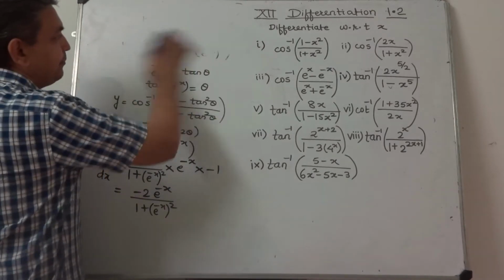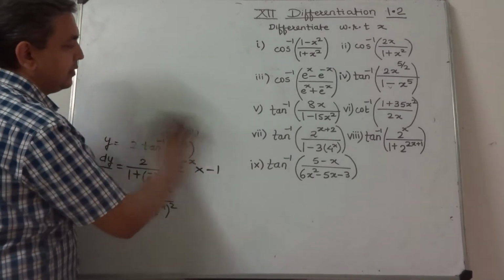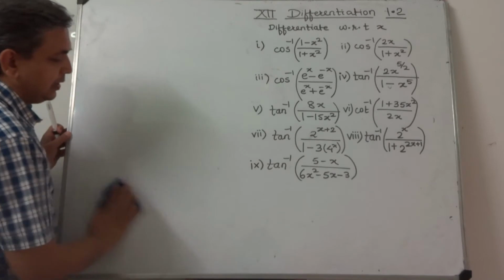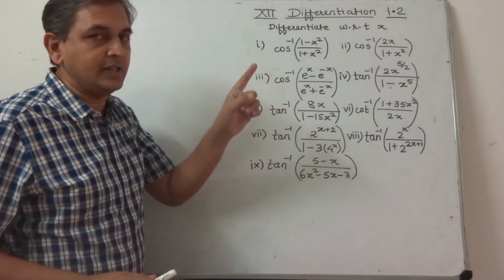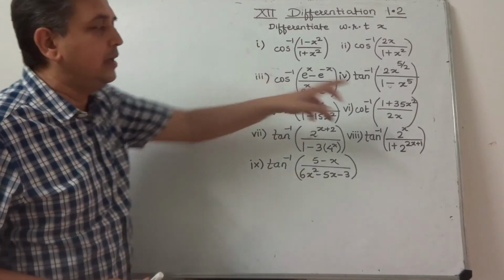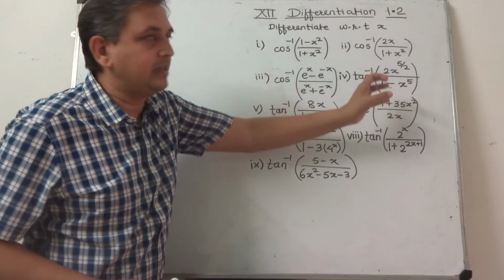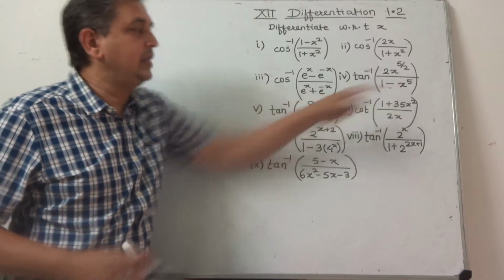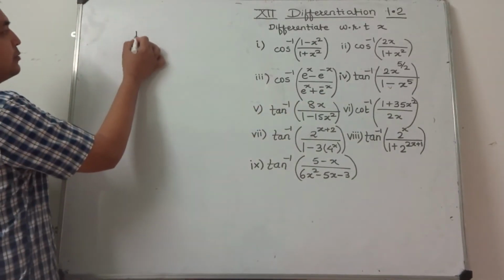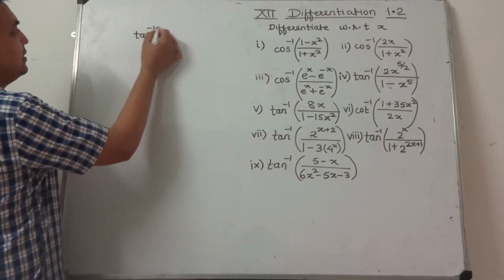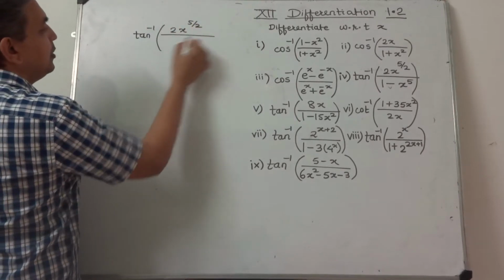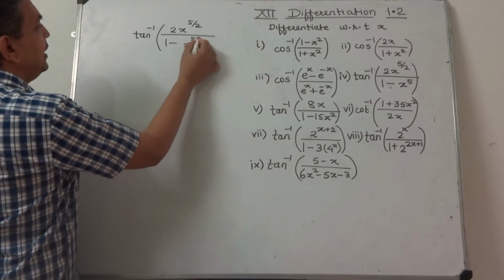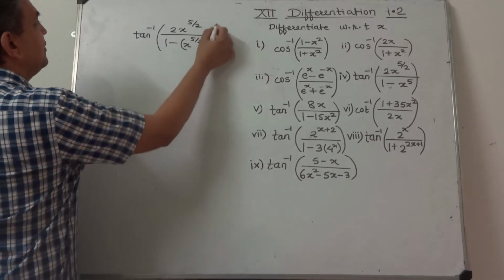Question number 4. What we can do? Again, trigonometric formula: 2 tan theta upon 1 minus tan square theta is tan 2 theta. Now we want here 1 minus tan square theta. To write this term in terms of square, we write it as 2 times x raised to 5 by 2 upon 1 minus x raised to 5 by 2 whole square.